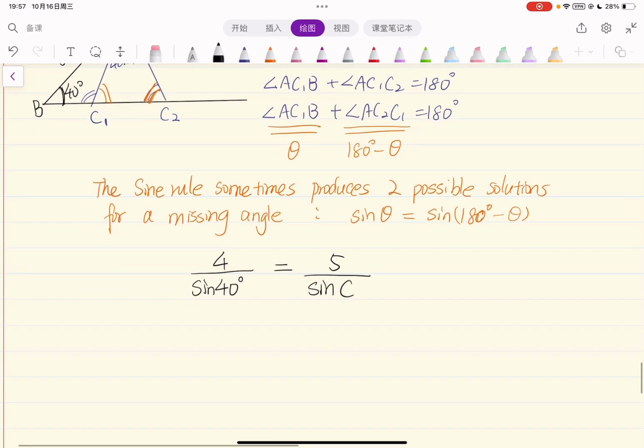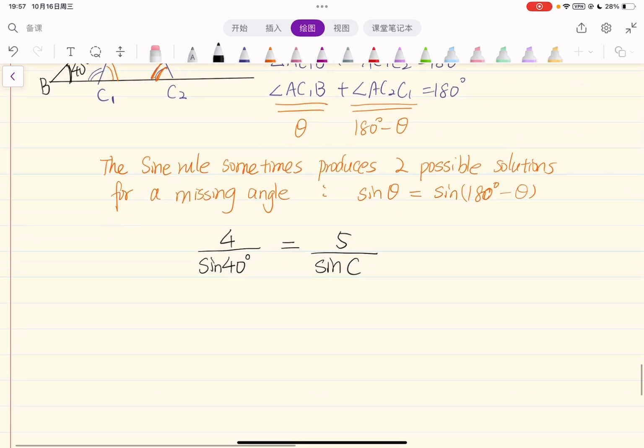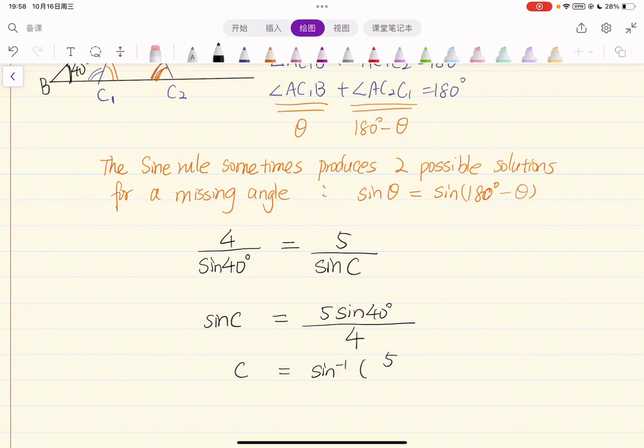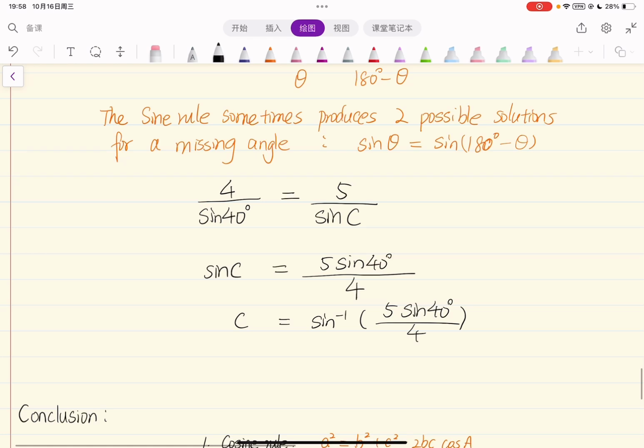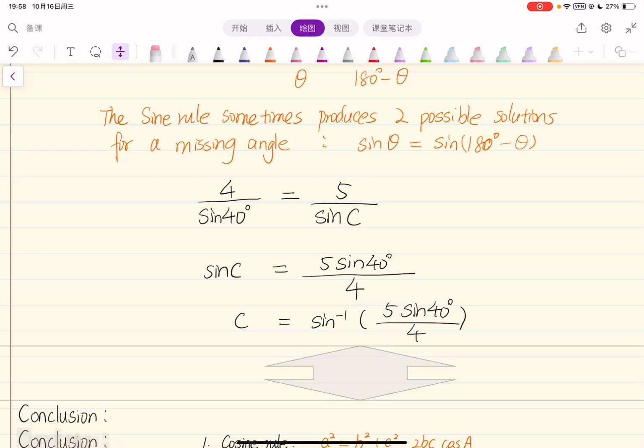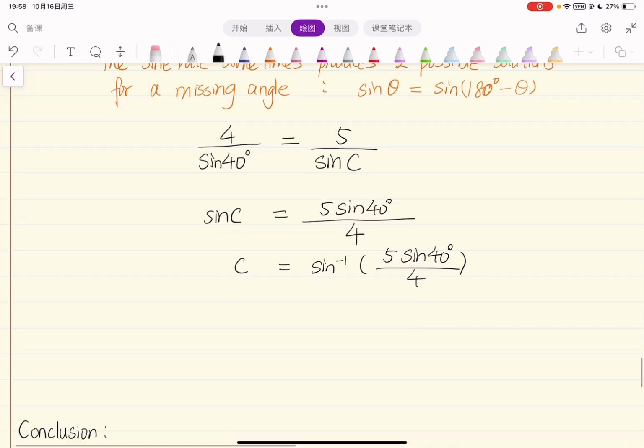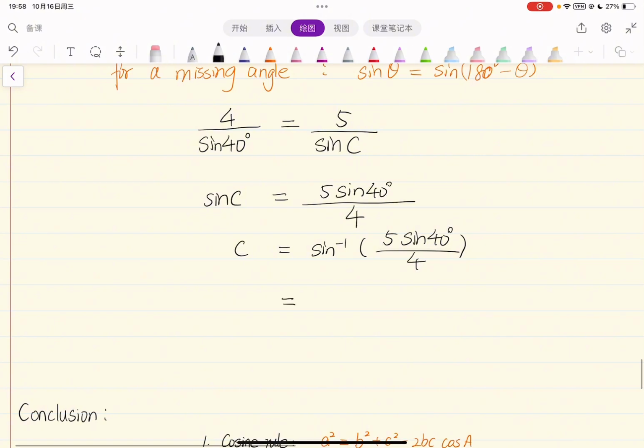Then we can write down that sin C equals 5 times sin 40 degrees over 4. So C equals sin inverse of 5 sin 40 degrees over 4. Using your calculator, you will get 53.5 degrees to 3 significant figures.